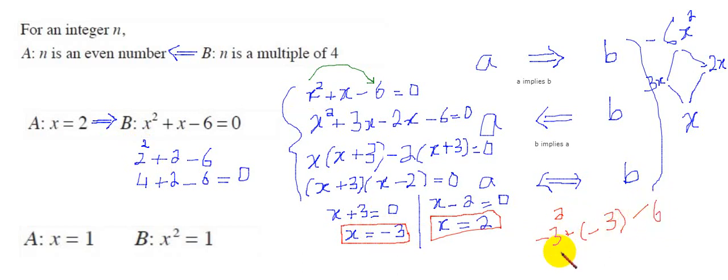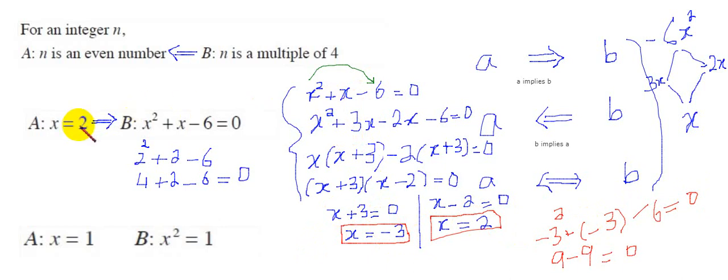Let's see, so negative 3 square is 9, and negative 3 and minus 6 is minus 9. So 9 minus 9 definitely gives us 0. So this equation is also equal to 0. So this means that negative 3 also satisfies this equation. So negative 3 and 2 are both correct and true values of this equation.